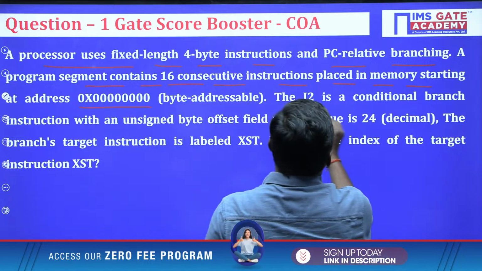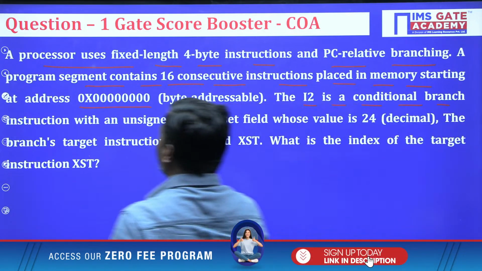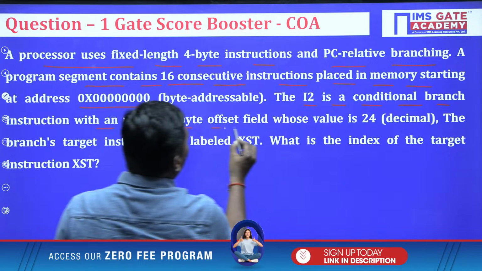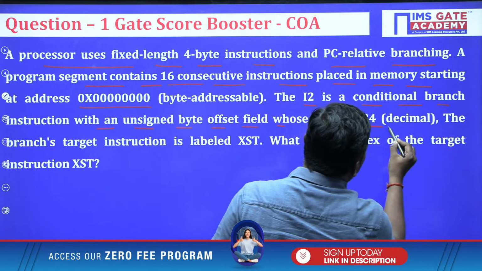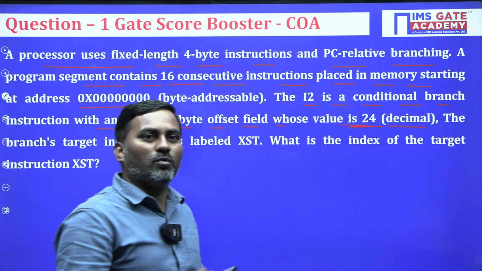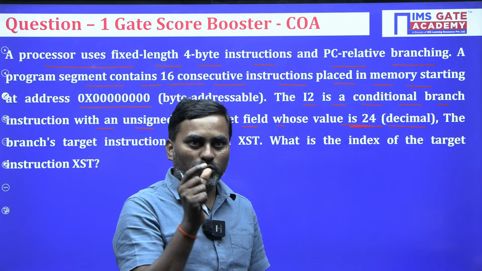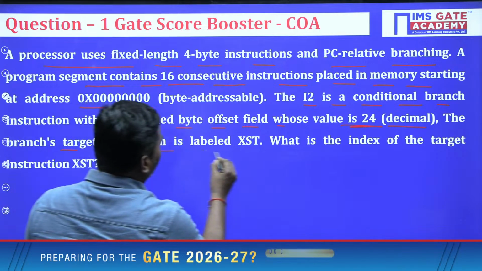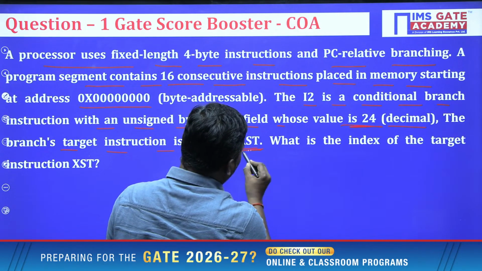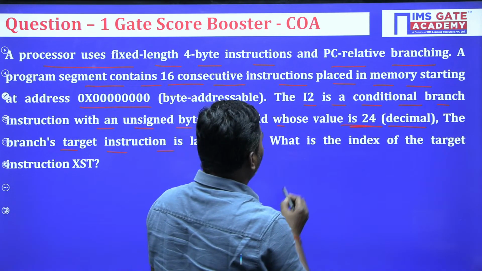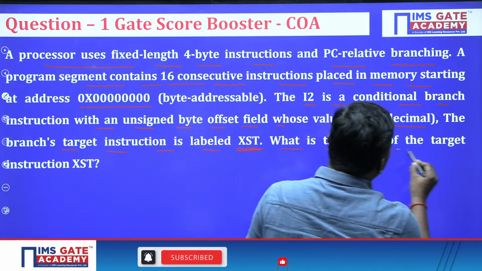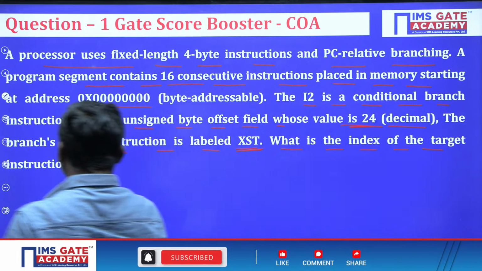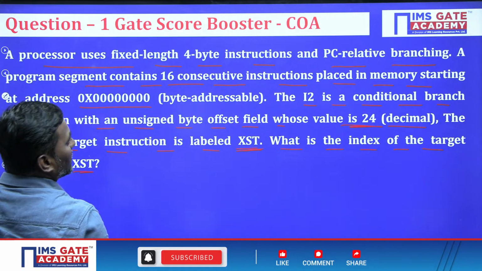I2 is the conditional branch instruction with an unsigned byte offset field. The offset value is 24, given in decimal. The branch target instruction is labeled by XST. What is the index value of the target instruction XST?